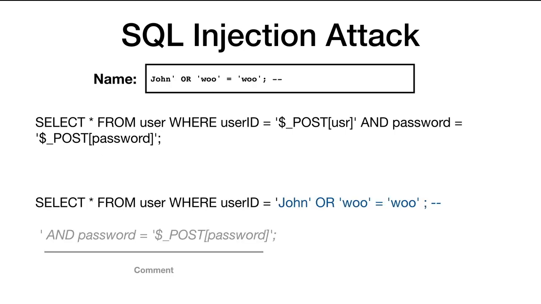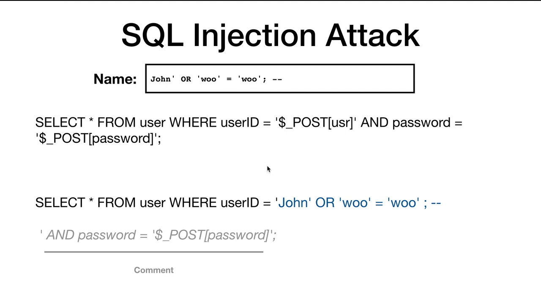Suppose a bad actor says his name is John, quote, or quote, blah blah blah is the same as blah blah blah, semicolon, and these two dashes here signify the beginning of a comment.